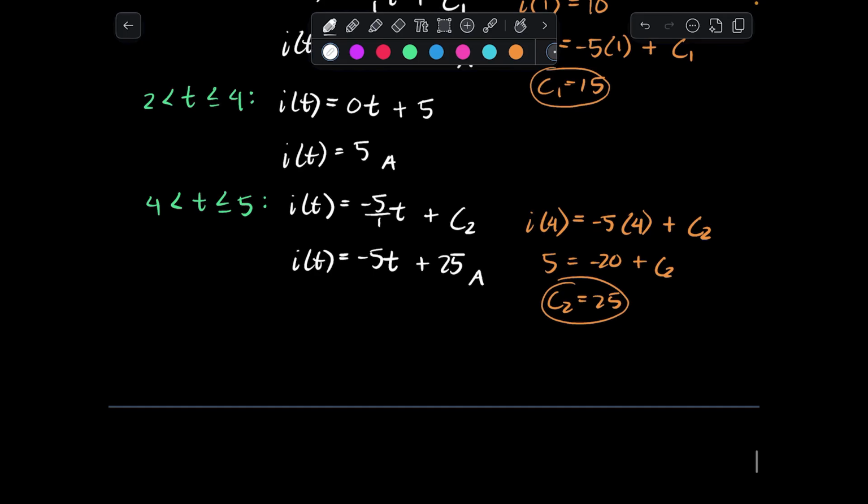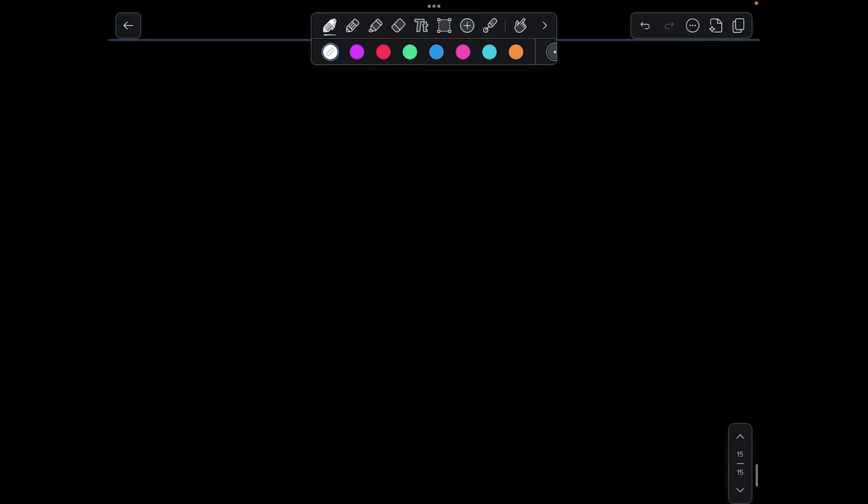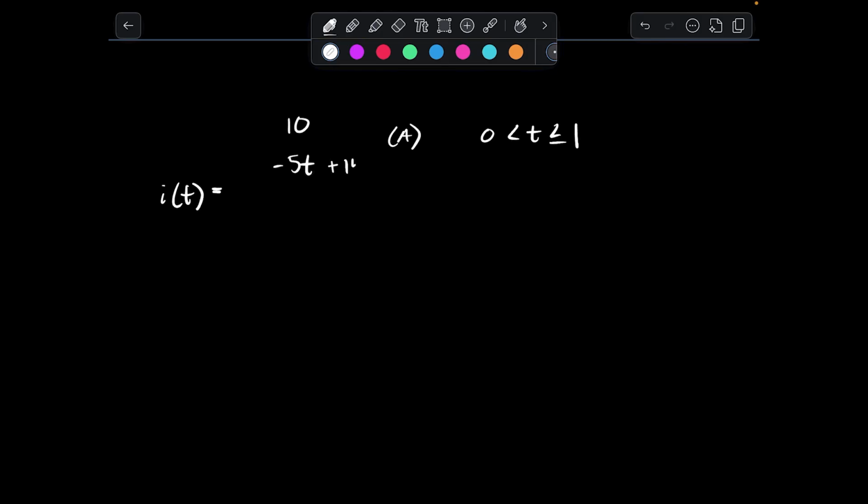So now let's put that all together. Once we put that all together, we get our piecewise function for I, which between 0 and 1 is 10 amps. Between 1 and 2, we've got negative 5t plus 15 amps.